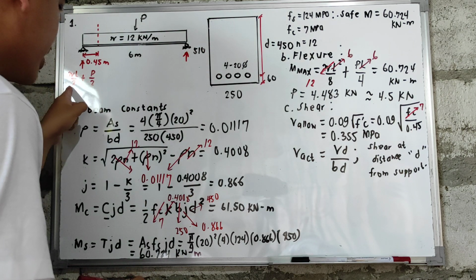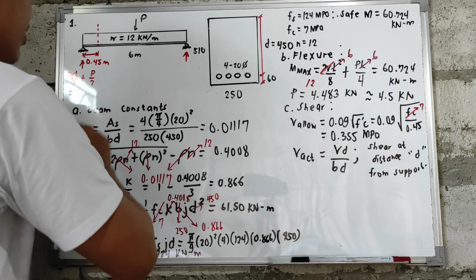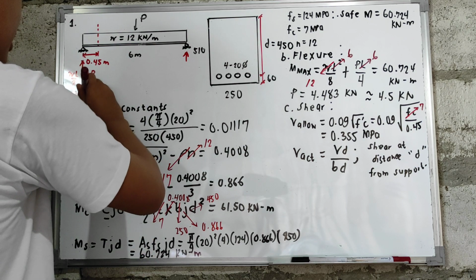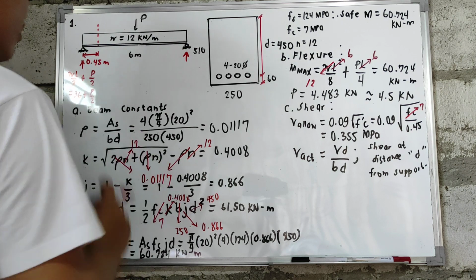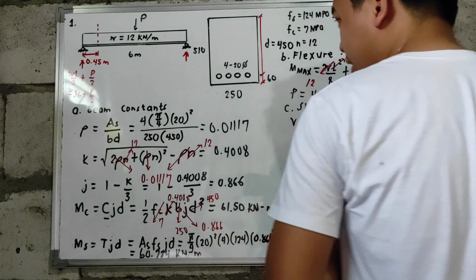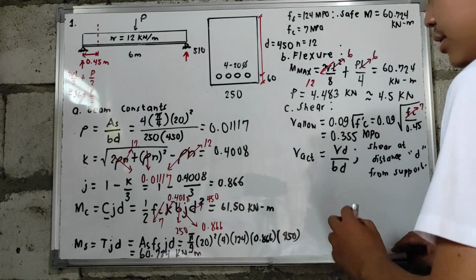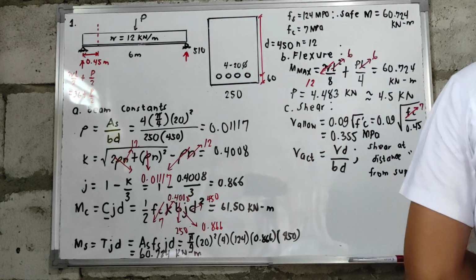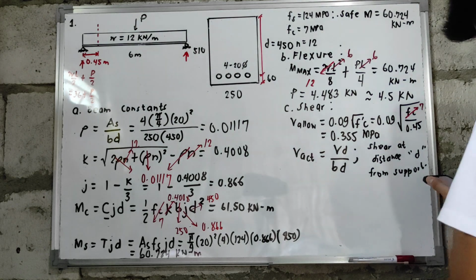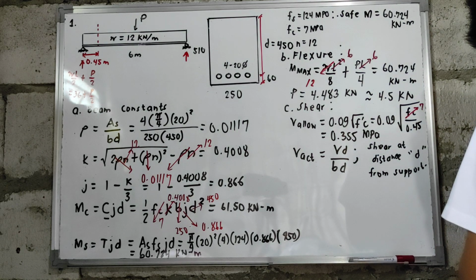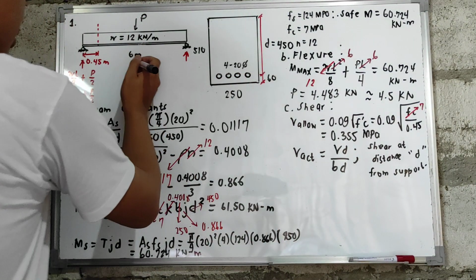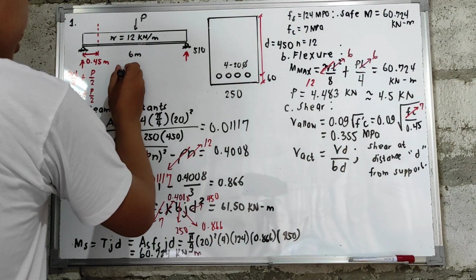So, ito nyan, kung isi-simplify natin yan, you have 12 multiplied by 6 divided by 2, you have 36 plus P over 2. So, kung i-consider natin yung nakat na section, so let us consider yung nakat na section. So, you have, ito yan.